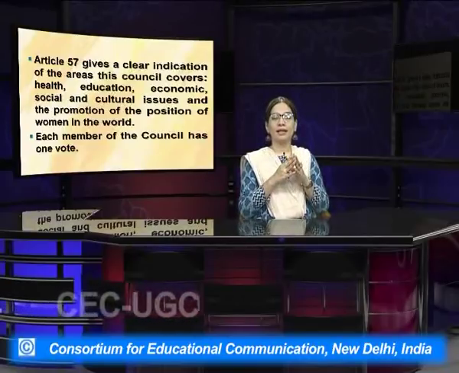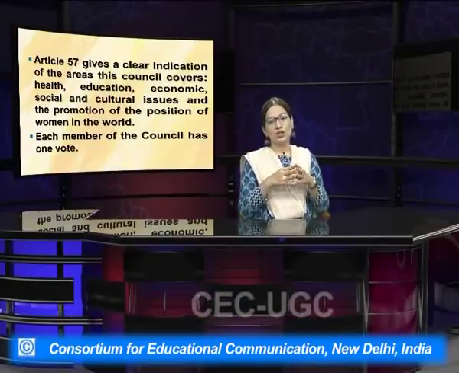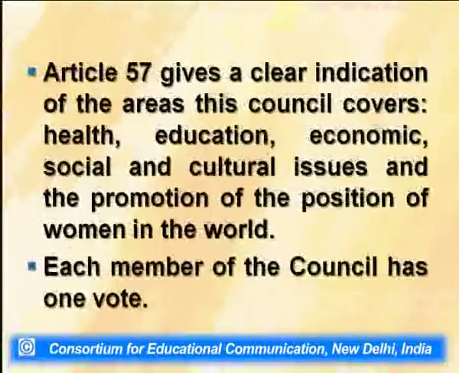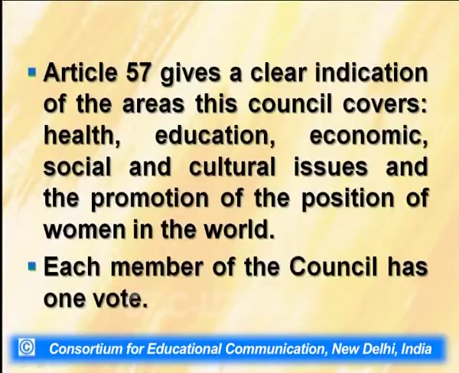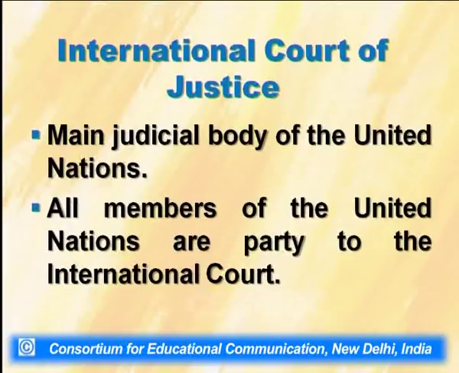Let's understand them: health, education, economic, social, cultural issues, and promotion of the position of women in the world. Now, the members of the Economic and Social Council have 1 vote each.